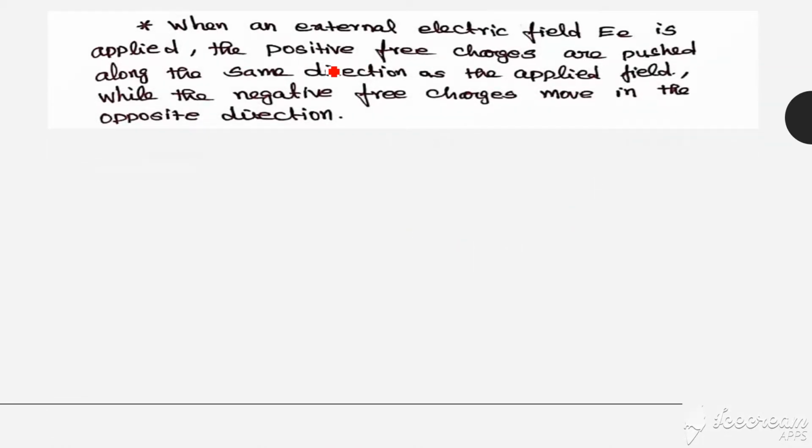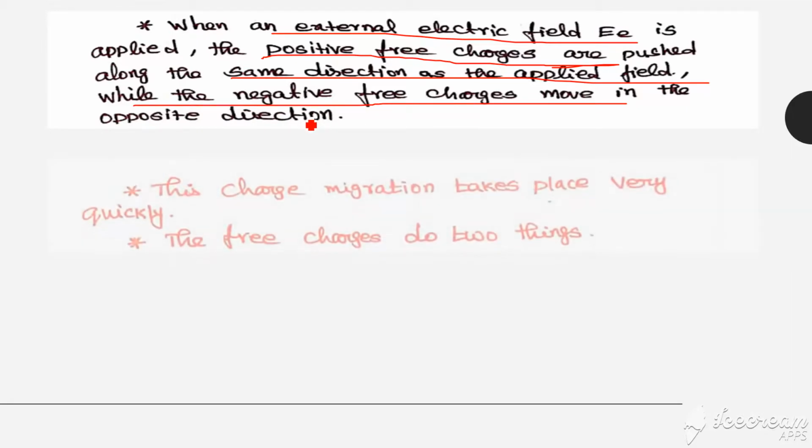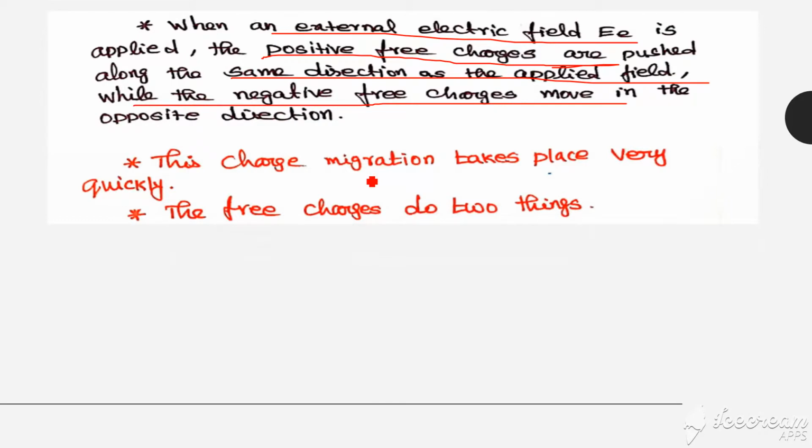Again I explain the same points. When an external field EE is applied, the positive free charges are pushed along the same direction as the applied field, while the negative free electrons move in the opposite direction. The charge migration takes place very quickly. The free charges do two things.